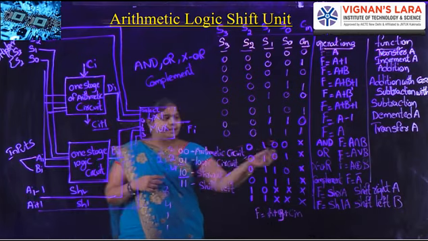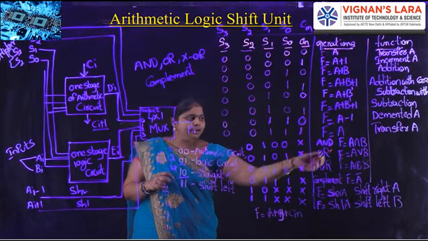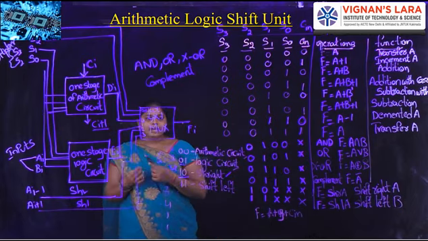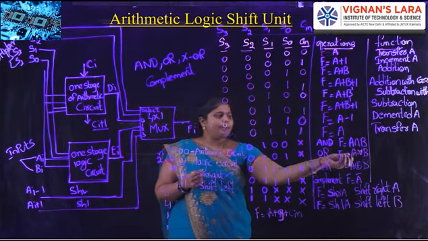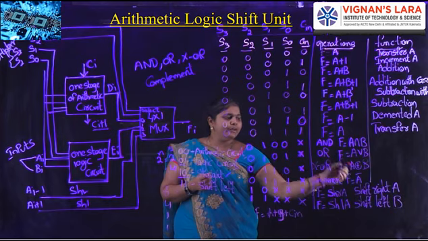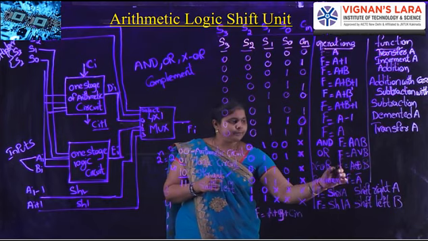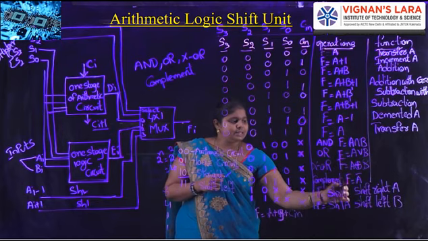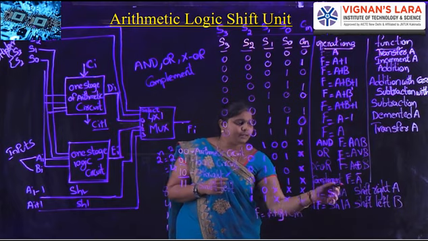That's why for Cin we use the don't care condition. Here A AND B is stored in F, A OR B is stored in F, and A exclusive OR B is stored in F. F is a register. A bar means A complement, and that information is stored in F.